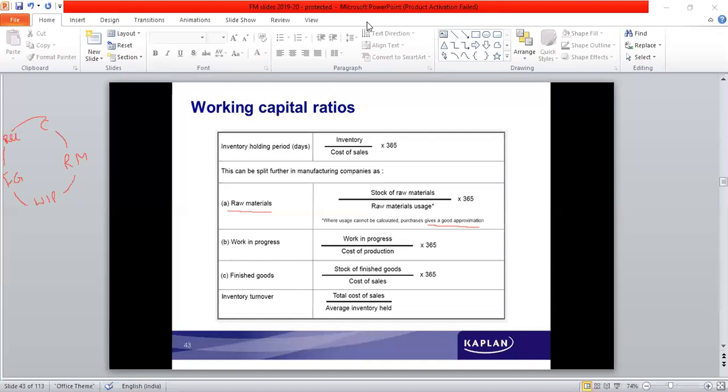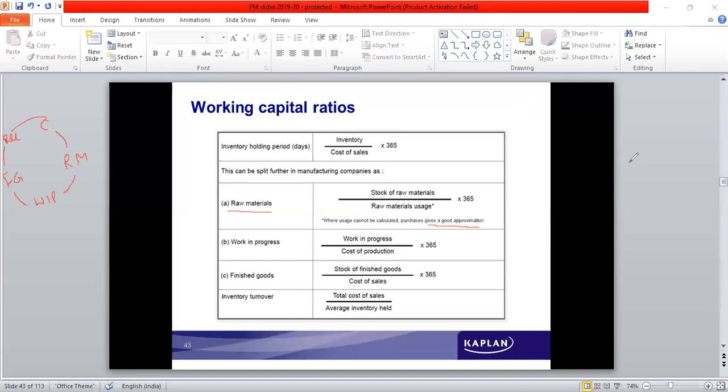Ma'am, for the inventory turnover ratio, why do we take the total cost of sales and not the total turnover? Inventory is always at cost value.